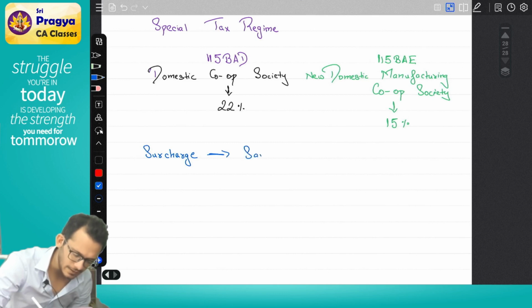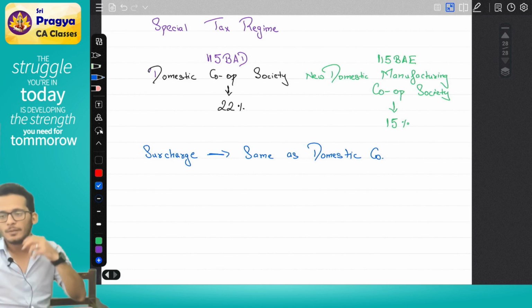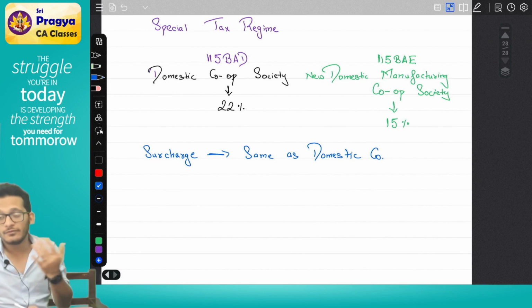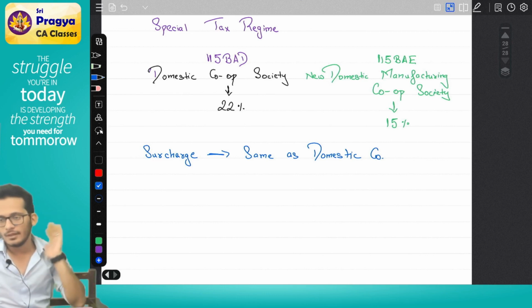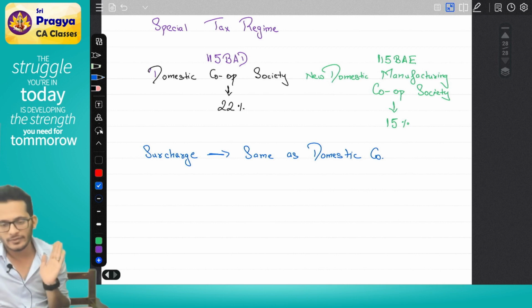Surcharge is same as domestic company, which means if you are opting for normal regime, it is 0, 7 and 12. If you are opting for 115BAD, it is 10. If you are opting for 115BAE, it is 10. Same surcharge rates. Clear? Yes.